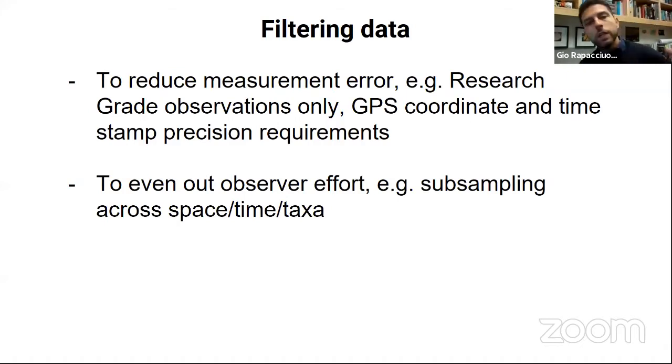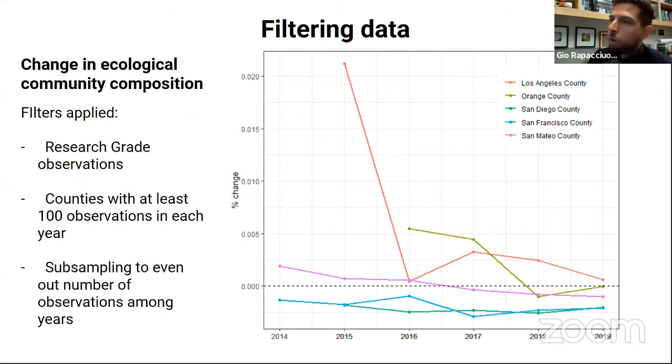But filtering can be a lot more helpful than that. For example, it can help to even out some of those uneven instances of observer effort and observation effort across space, time, and taxa. One way, for example, that we've done that is in looking at change in ecological community composition over time.